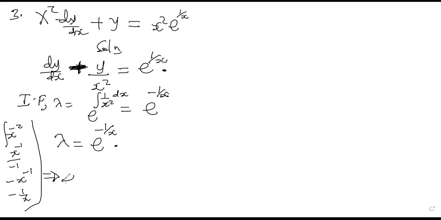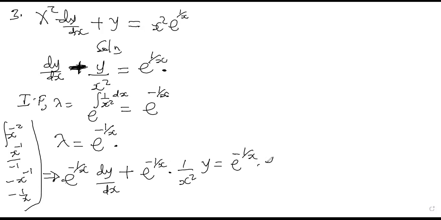So we shall have e to the power negative 1 over x dy dx plus e power negative 1 over x times 1 over x squared, then y, is equal to, when you multiply this side, e power 1 over x times e power negative 1 over x. One is positive, then we're multiplying the one which is negative.